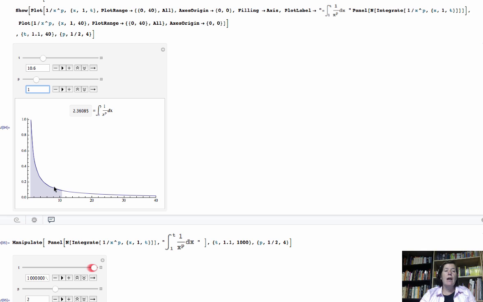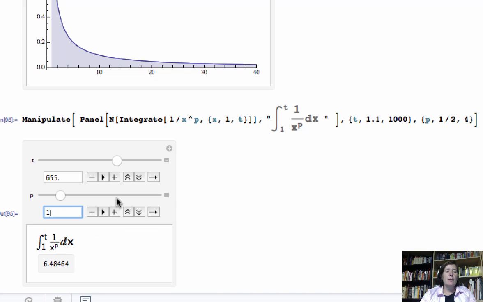It's the area under this curve, which of course we know is the natural log of t. Now, as t increases, that area expands, and in the limit, it would theoretically cover the entire area under this curve between 1 and infinity. And we can see that for p equals 1, this area grows very quickly.